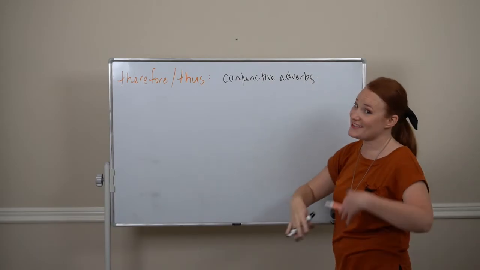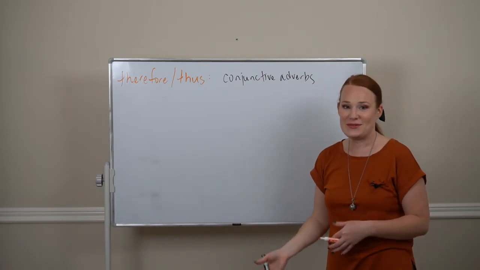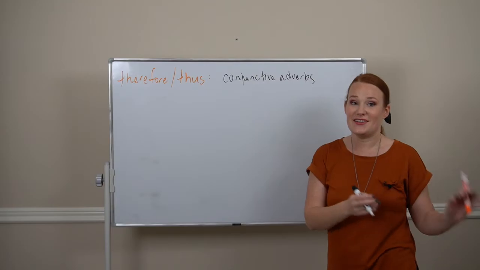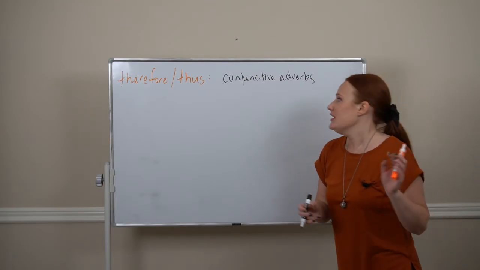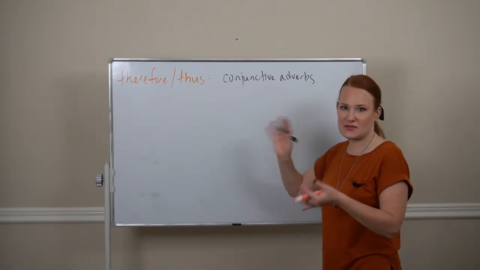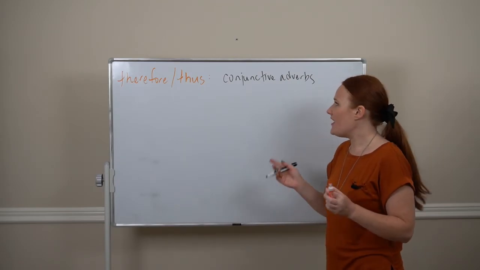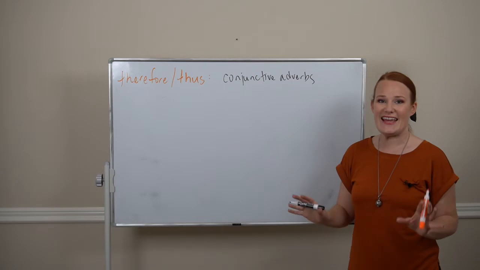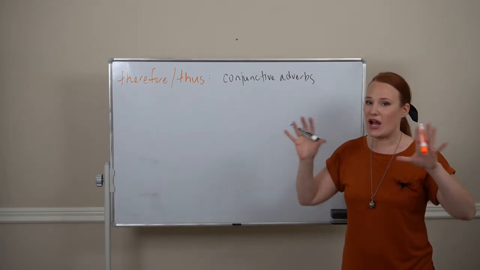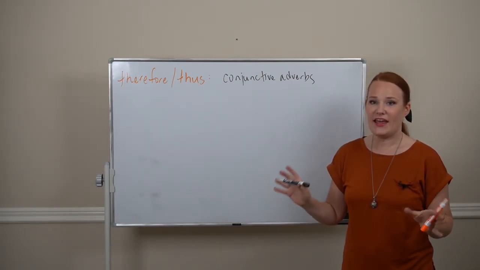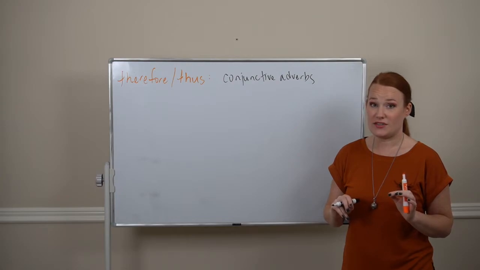And they're used in different ways from our coordinating conjunctions and our subordinating conjunctions. So therefore and thus, they can be used pretty much the same way, but they connect two sentences, two complete ideas, and we're showing the relationship between them.